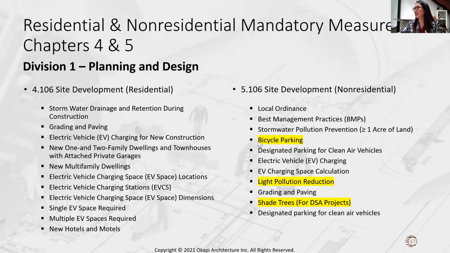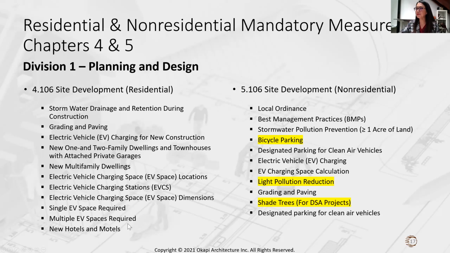Many of you can probably imagine non-residential has a little bit more requirements for the public welfare. Both sides deal with the site, water and drainage, and both deal with electrical parking and vehicle chargers. And then the non-residential, in addition to the residential requirements, has bicycle parking, light pollution reduction and shade trees.